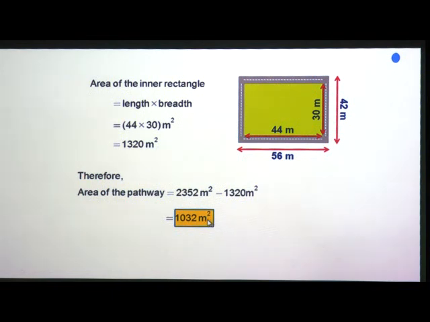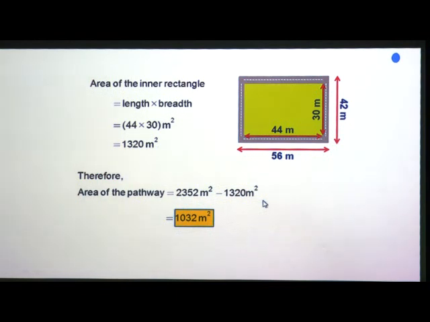It is the area of the path which is in gray color, shown with a dotted line. So, this area shown in gray color is nothing but the area of the path, which is 1032 meter square.